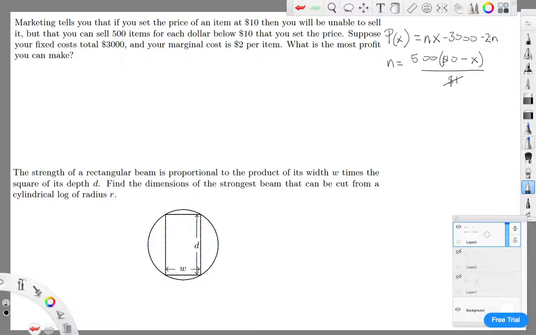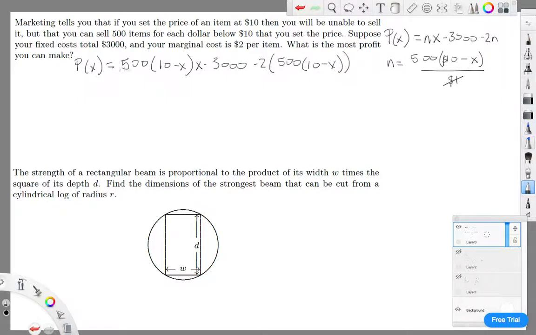So we've got a single variable for our profit function. Let's write it out over here. Profit as a function of price is equal to 500 times 10 minus x, times x, minus 3,000, minus 2 times 500 times 10 minus x.